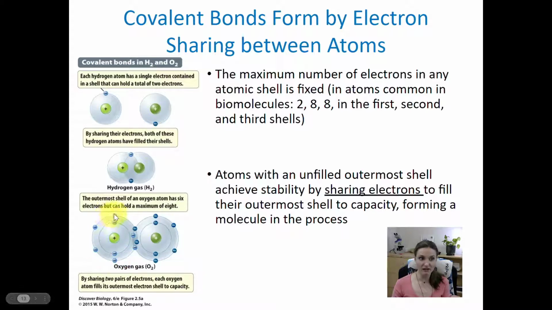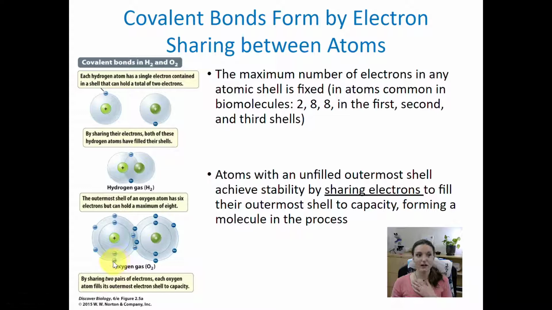So if this shell has less than 8 electrons, that atom is not stable. It's reactive. It will make bonds with other atoms in order to fill up that outermost shell. So oxygen will make a covalent bond with another oxygen atom, or maybe a carbon or a hydrogen atom, to reach that 8 electrons.